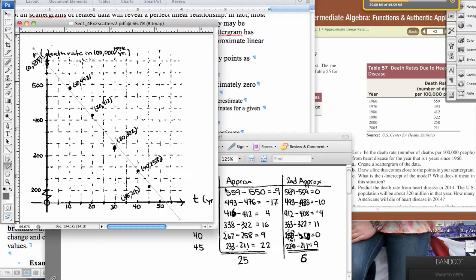The problem is that we only have data based upon the population of the United States here, and as the population increases, these numbers are slightly different ratios. Also, medical technology improves, so we expect the death rates to hopefully drop, but at some point there's not any more we can do for the majority of people.